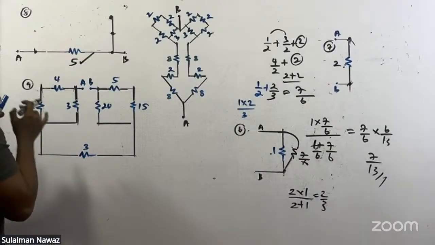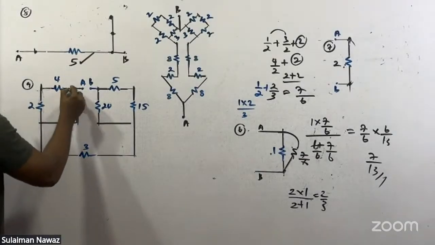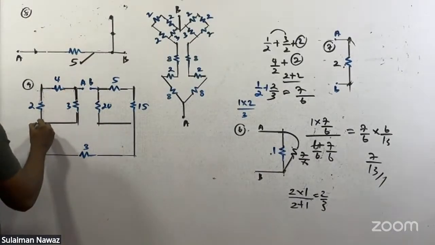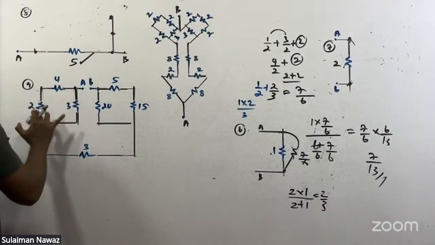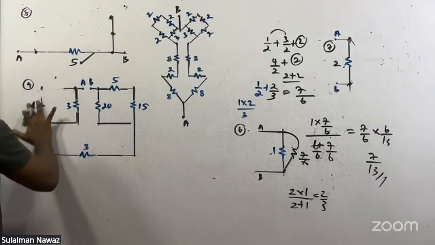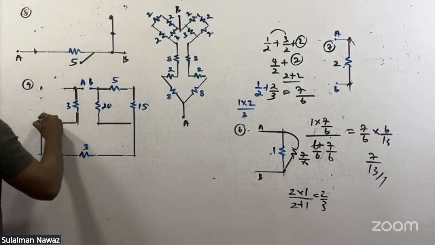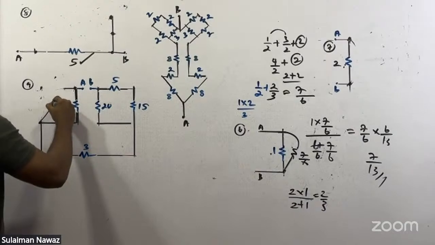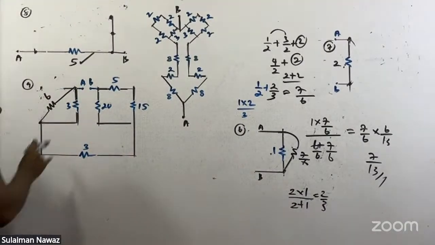Here, again 2 points. Look here. Between these 2 points, these two, series, 2 plus 4, 6. Right?